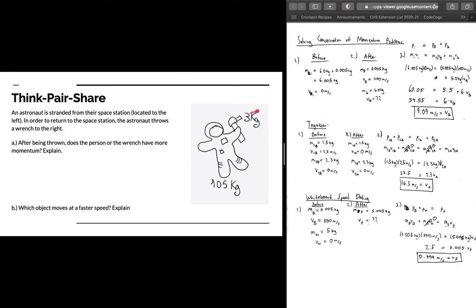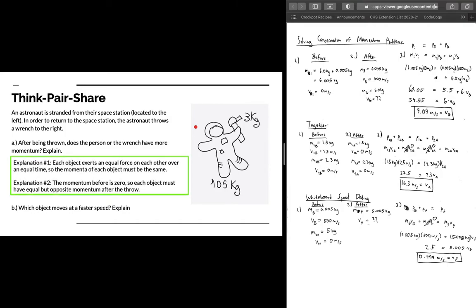If the wrench is moving to the right with a certain amount of momentum, the person must be moving to the left with an equal amount of momentum. Each object will have equal amounts of momentum that cancel each other out. Remember, momentum has direction, resulting in the net momentum remaining as 0.